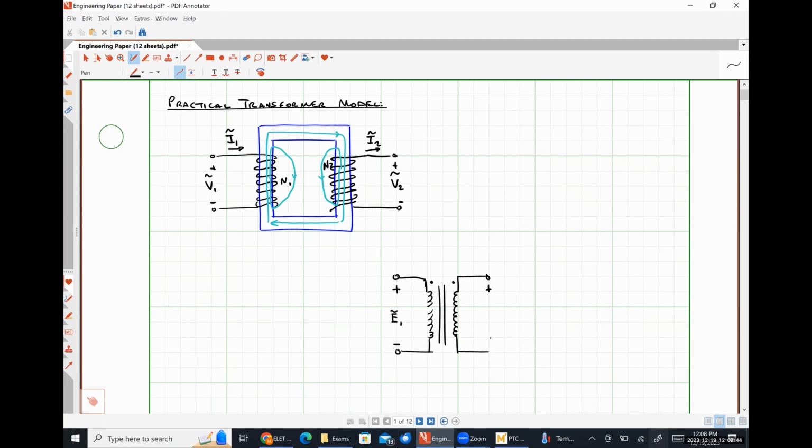And over here will be our induced secondary voltage, E2, like so, okay? So it may seem odd that we include an ideal transformer in our practical transformer model, but we need something in there to account for the fact that we were able to step up and step down voltages. And the best thing to take that into account is actually the ideal transformer.